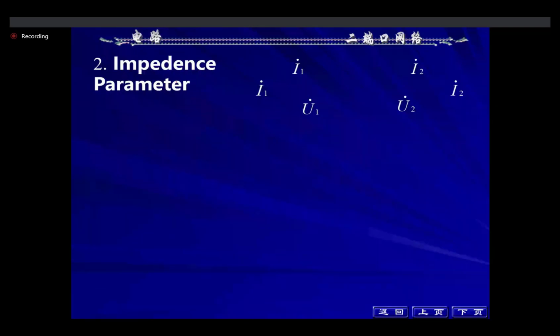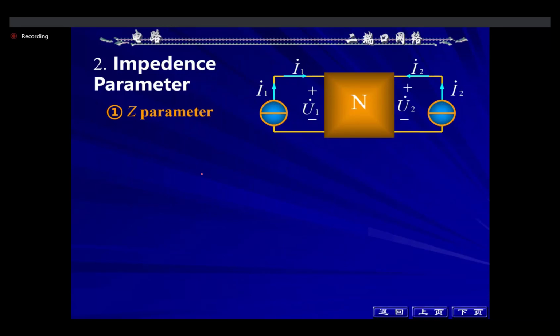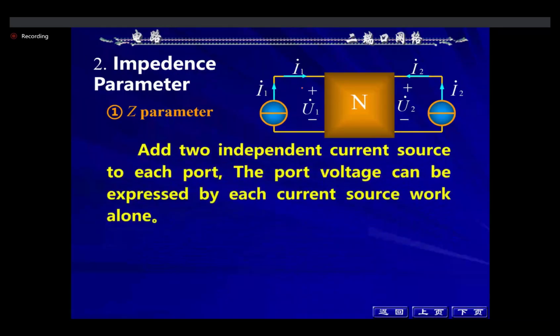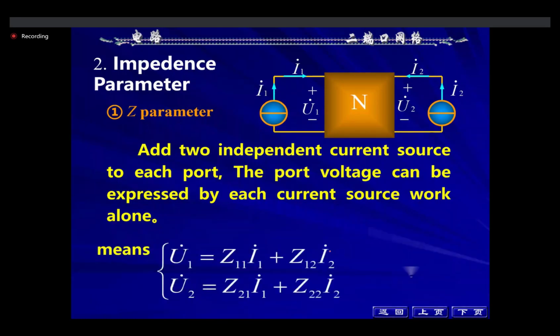Parameter 2, impedance parameter, the Z parameter. We try to use I1, I2 to express U1, U2. We can add two independent current sources to each port. The port voltage can be expressed by each current source working alone. Use I1, I2 to express U1, U2. We call this Z parameter.